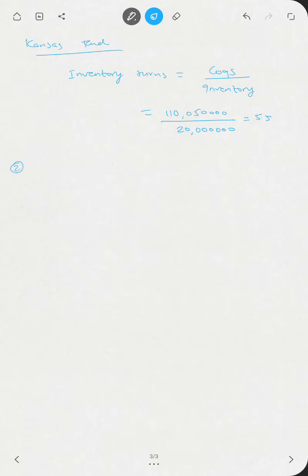The second question is the tricky one. We can do this in 2 steps. I would normally do it in a slightly different way, but to match it with what we have been doing till now, let me do this in two different steps. The first part of the question says, well, what is the inventory cost per unit?